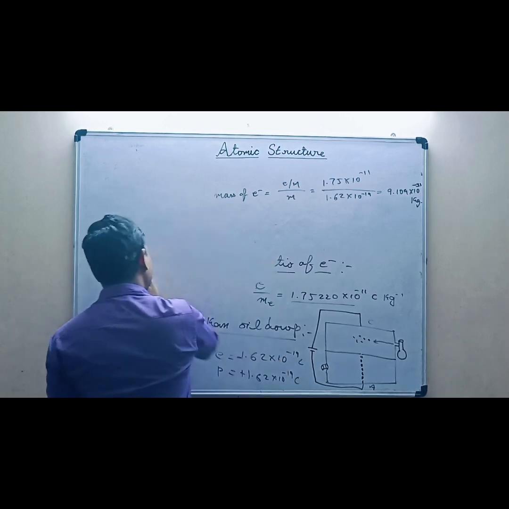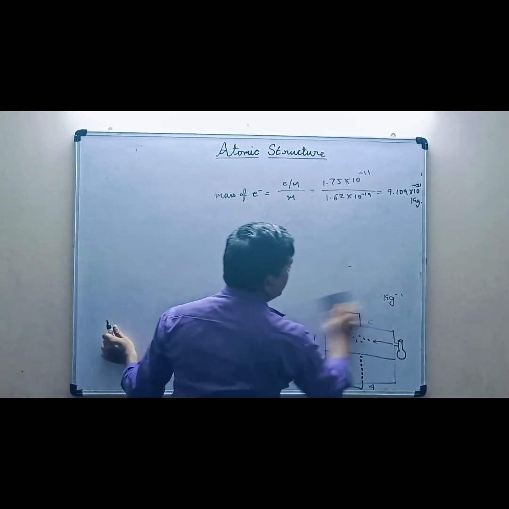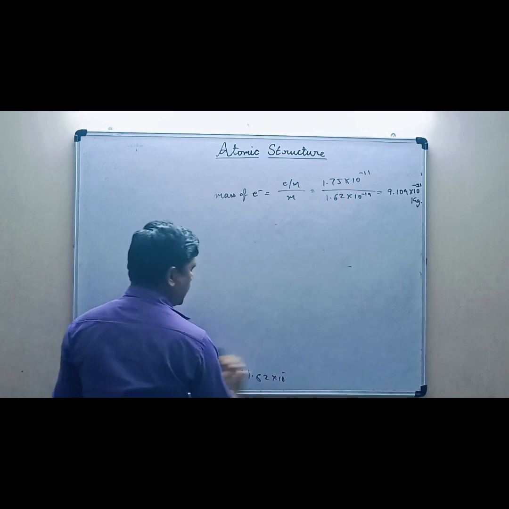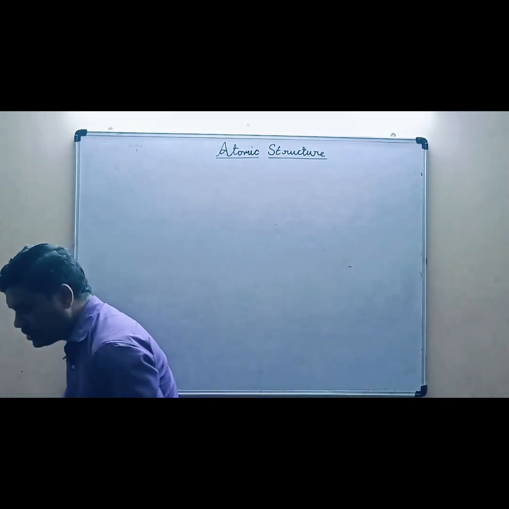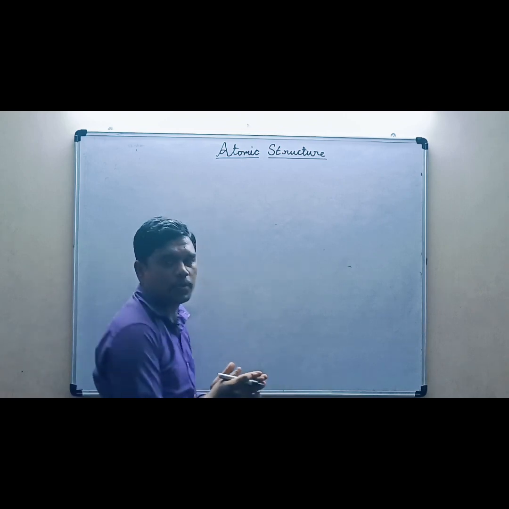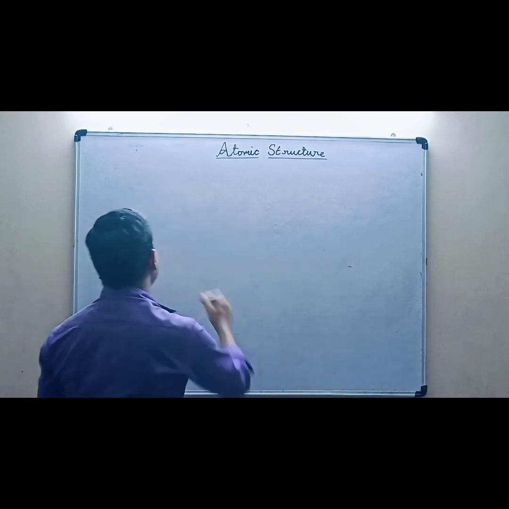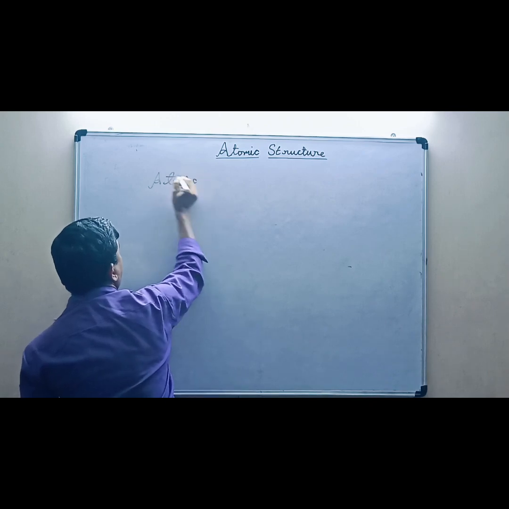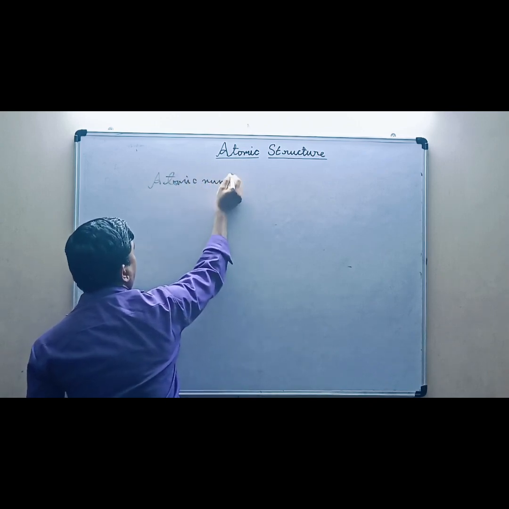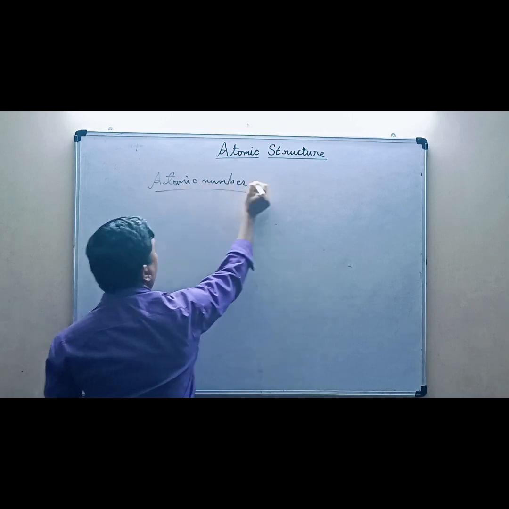Let's see this. If you take any atom, based on the number of electrons and protons, scientists gave some terminology. The first one is atomic number. So what is atomic number?